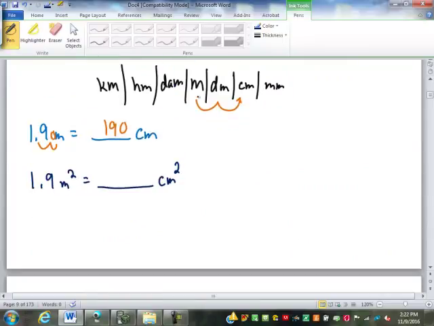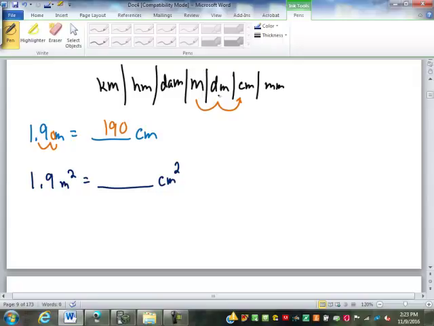As we move 1 spot to the right, instead of multiplying by 10, if it's square units, we're going to multiply by 10 squared, which is 10 times 10, 100. When we multiply or divide by 100, it moves the decimal point 2 places.